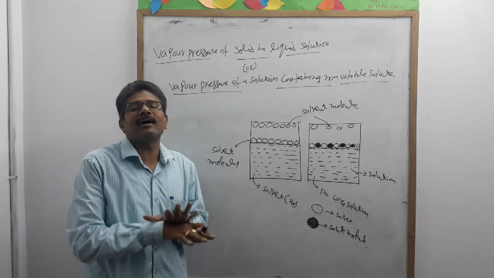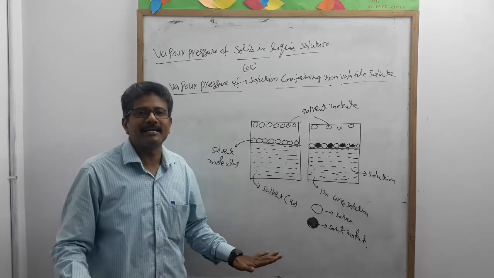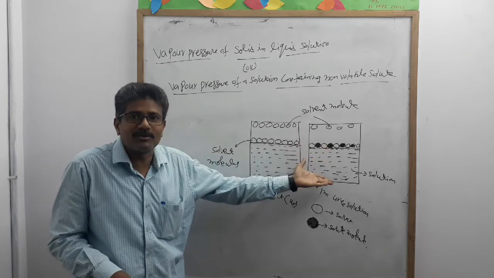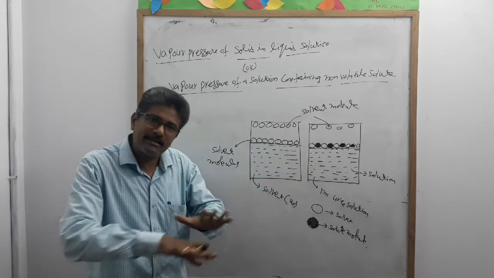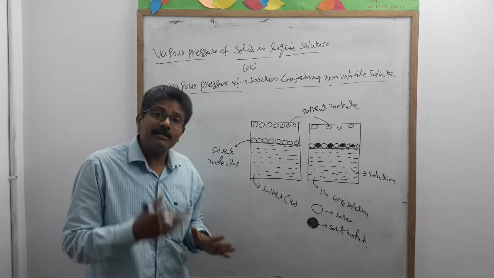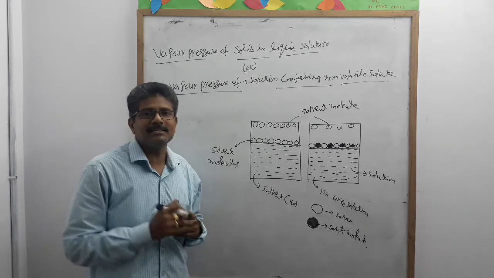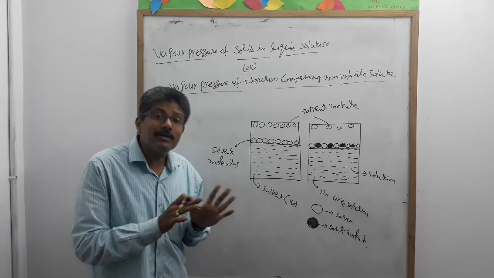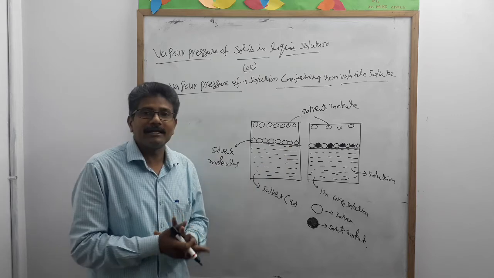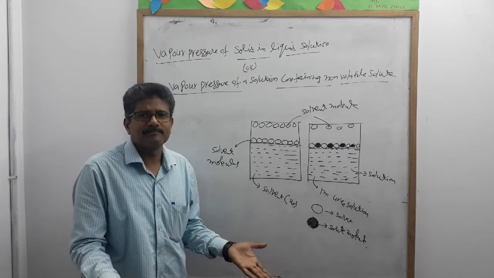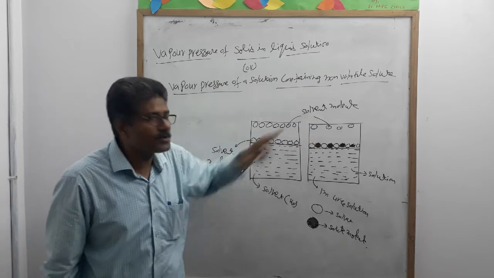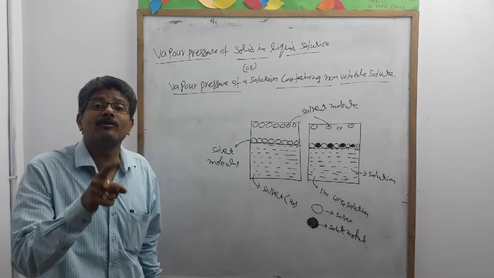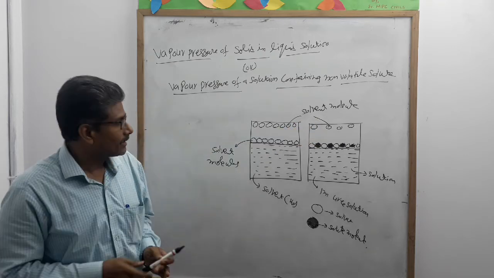Non-volatile means it cannot change into vapor state. It is a solid solute, now completely dissolved, and the solution is formed. The solvent is volatile and easily changes into vapor state, but the solute cannot. So in pure solvent and solution, only solvent molecules exert pressure.